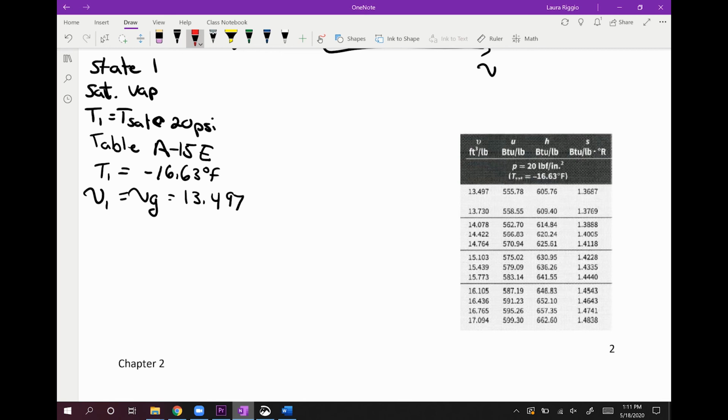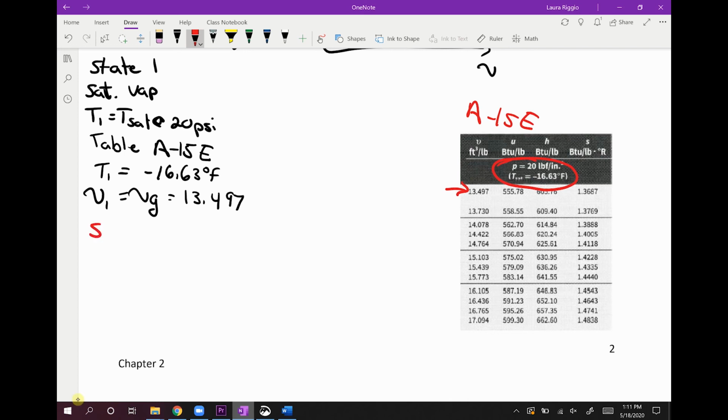And where did I find this information? This is actually a snippet of A15E. The top of every table, when it tells you the pressure that the table is listed for, it actually tells you your saturation temperature. And the first line of the table is also your saturation properties.